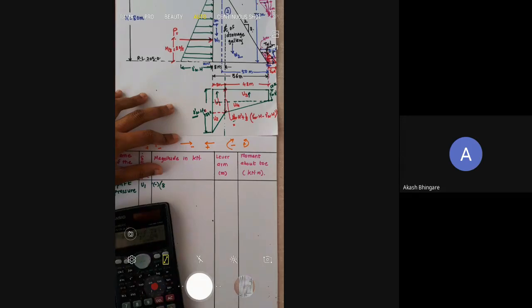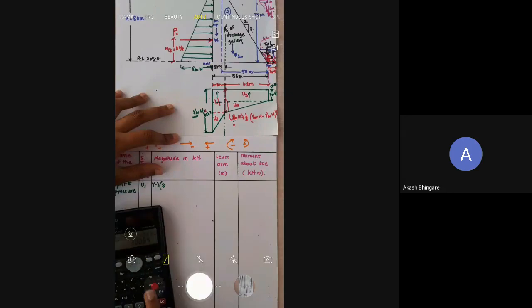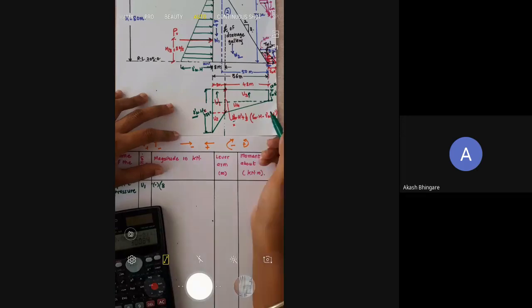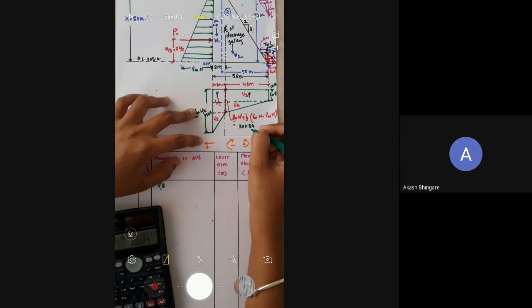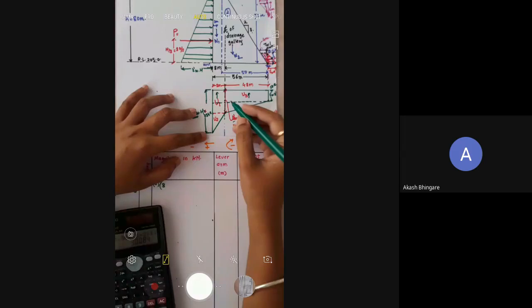So what is the answer? 300.84 is the ordinate at the center line of the drainage gallery.